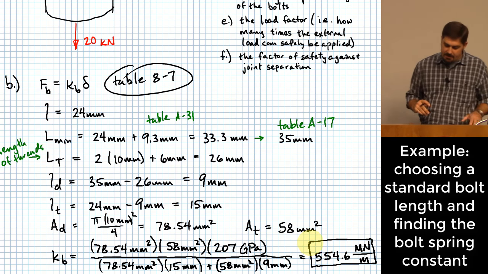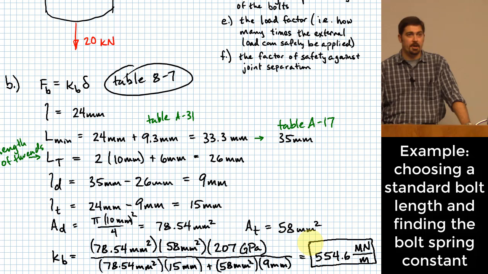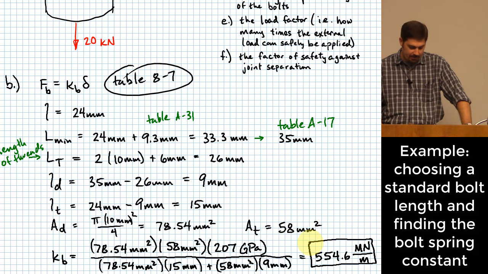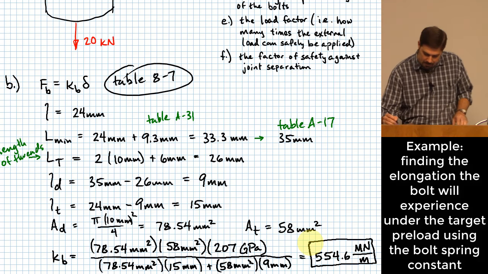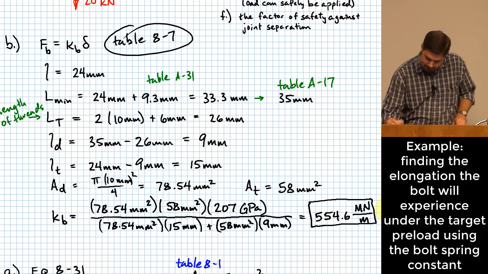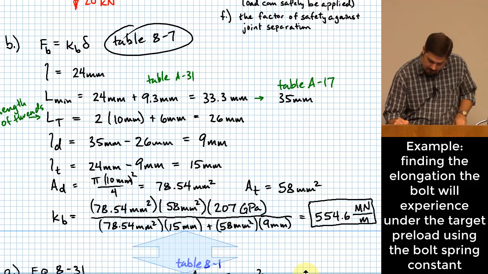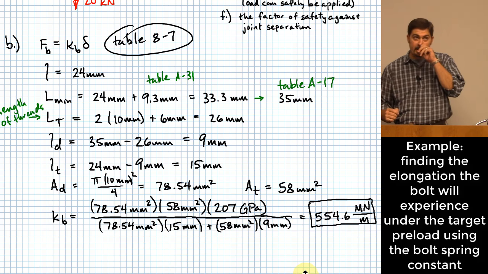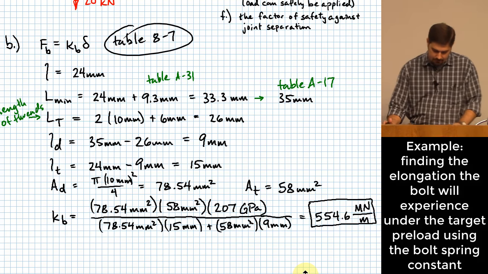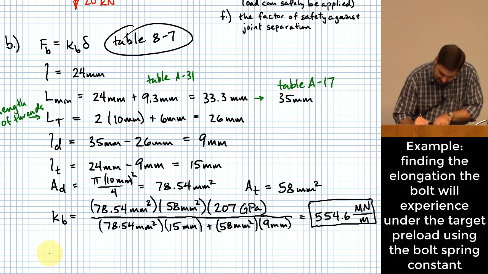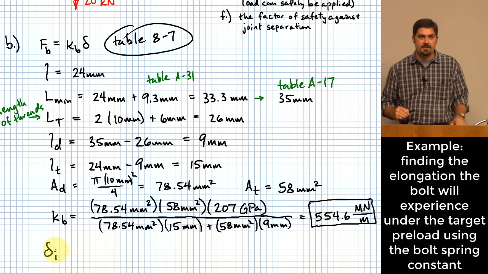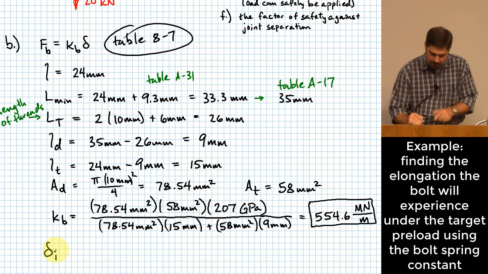Okay, but that's a nice thing for us to know. That's not ultimately what we were trying to find in Part B. What are we trying to find in Part B? How much elongation should we see in the bolt to get the kind of preload that we want? So to get that, we basically say delta, and we can even put on here delta sub I. That's not an uncommon notation we could use.